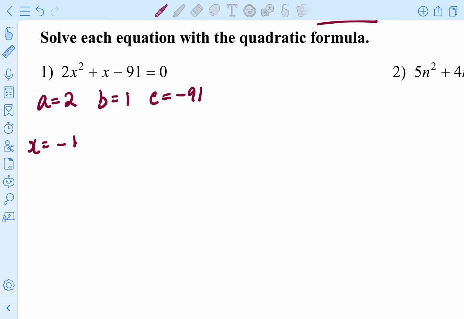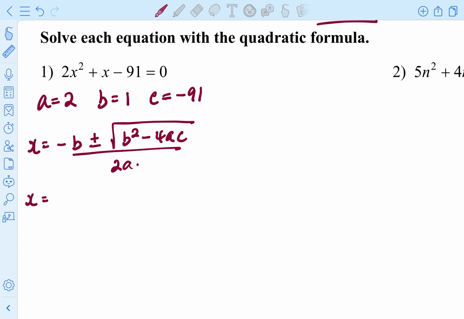x is equal to negative b plus or minus the square root of b squared minus 4ac all over 2a. So now I'm going to substitute: negative 1, b is 1, plus or minus the square root of 1 squared minus 4 times 2 times negative 91.